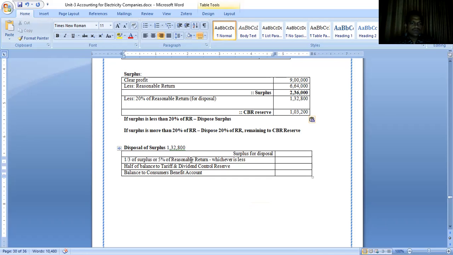Okay, so out of this 1,32,800, 1/3 of surplus or 5% of reasonable return we have to make as an award for efficiency, and then the remaining balance, half portion is transferred to the tariff and dividend control, and the remaining half we have to transfer to the customer's benefit account. So this is how we have to dispose of the surplus.